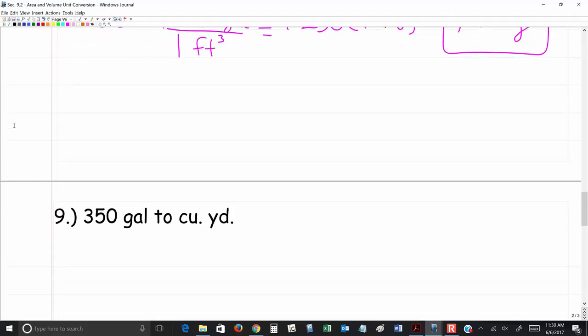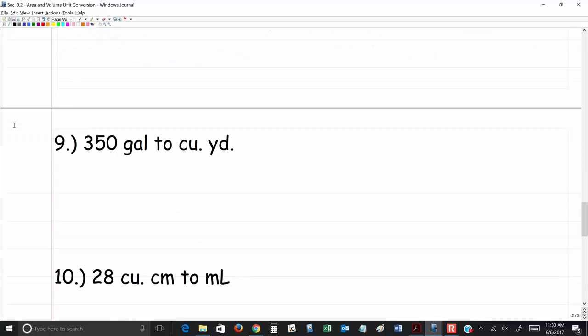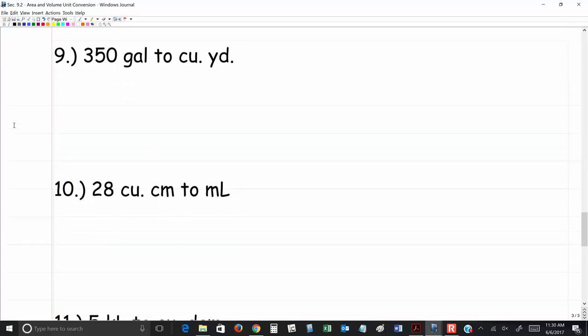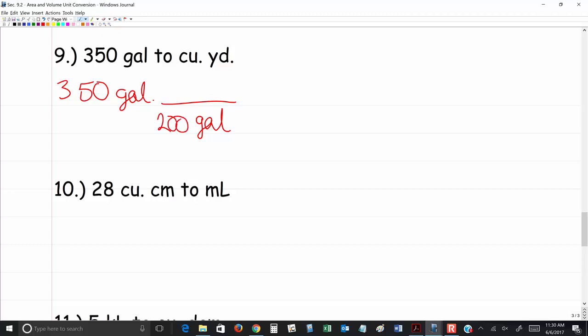And then number 9, 350 gallons to cubic yards. Again, that's a direct conversion factor on our sheet. So 350 gallons. And then 200 gallons equals 1 cubic yard. So in this case, we just divide 350 by 200, which is 1.75.